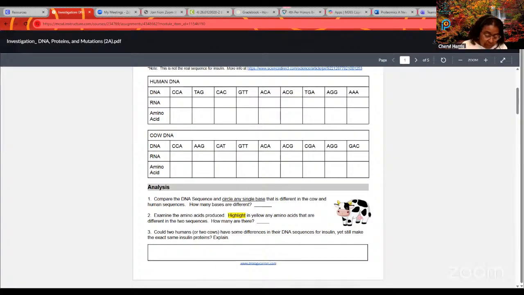And our last box should have translated to CUG, and CUG is leucine, and at the top it was UUU, and that was PHE. So that's different. So now how many different amino acids do we have?